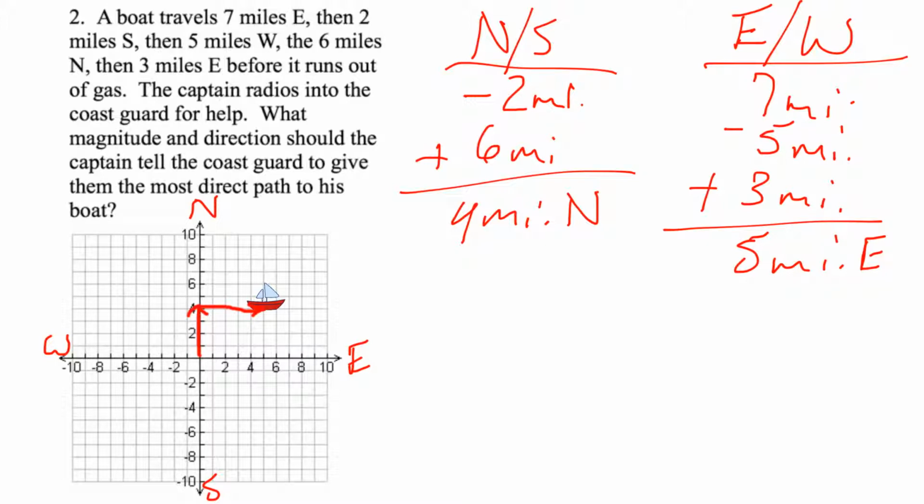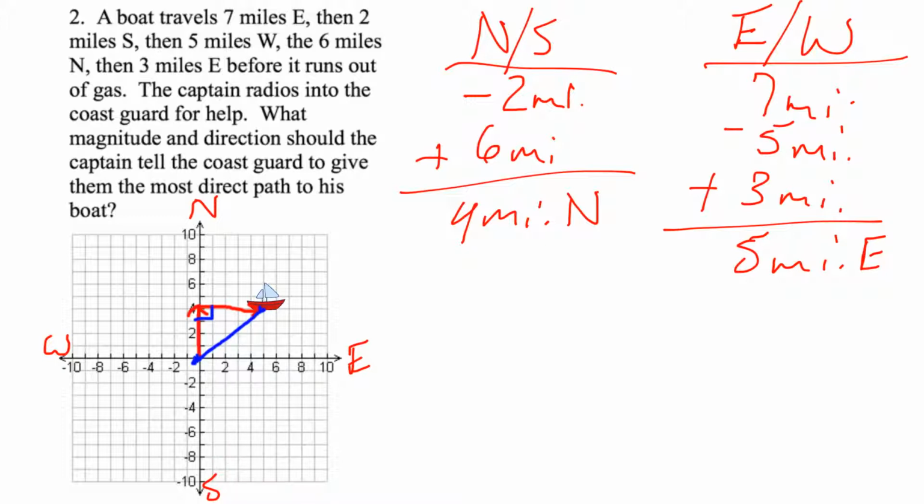Alright, so now we need to get the shortest point between the origin and the ending point. Alright, so that would be, here's the origin, here's the final point, and we need that distance between them.